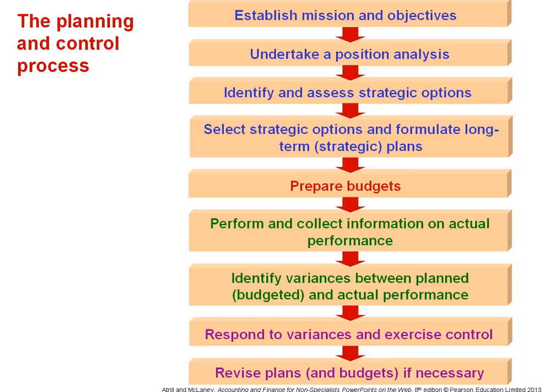And to that we give the general term strategy. So there's some breaking down of strategy here. The blue area: establish your mission, undertake position analysis, looking at strategic options.